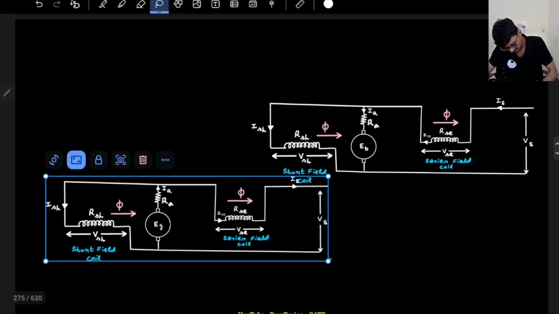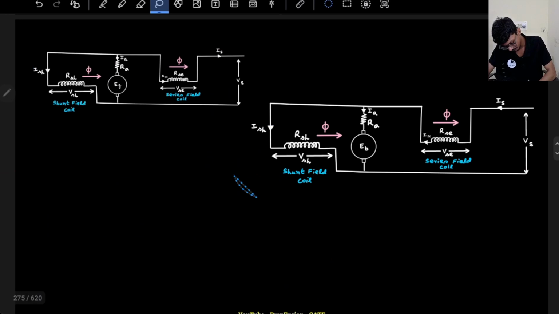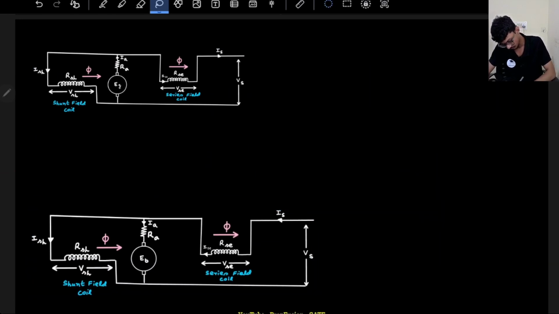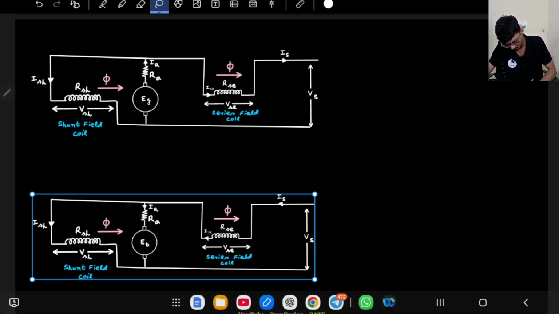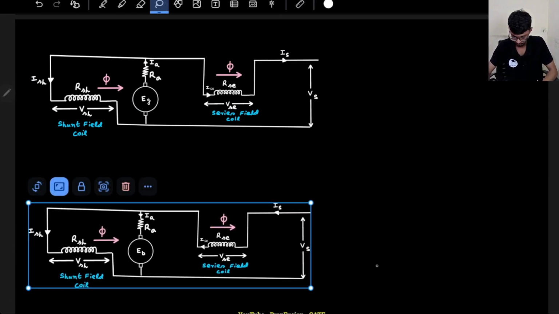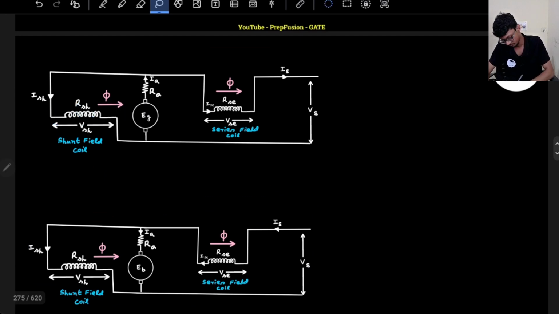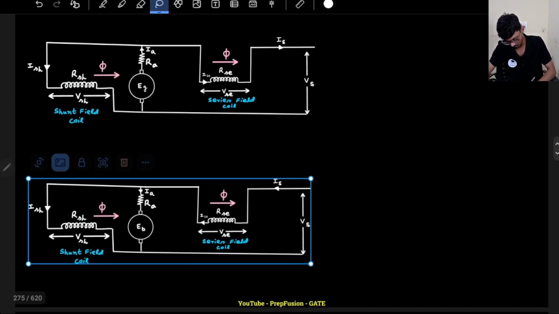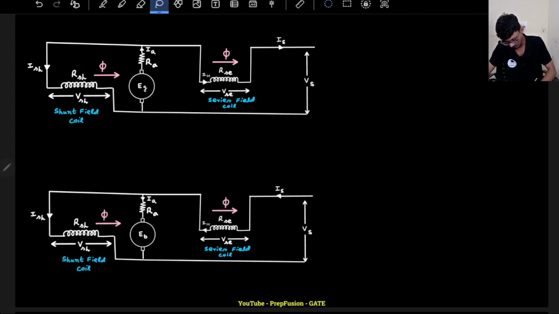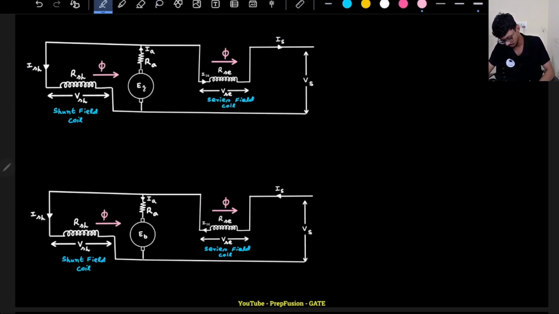Yeah, this is a generator. Okay, so what I can say is, if I don't change the supply terminals and I work it as a motor, what will happen?